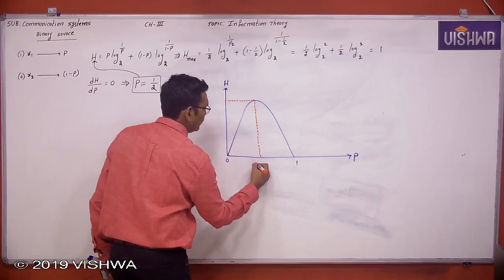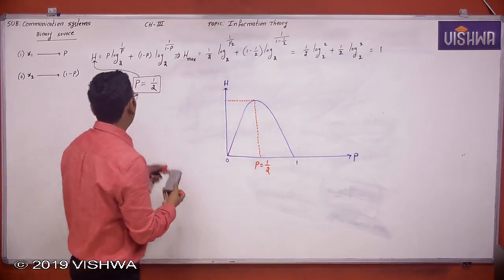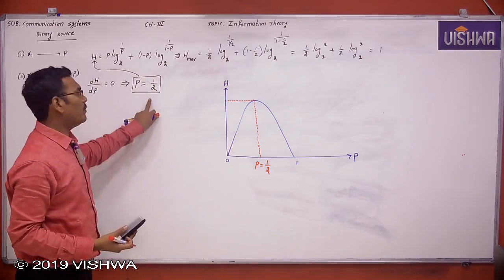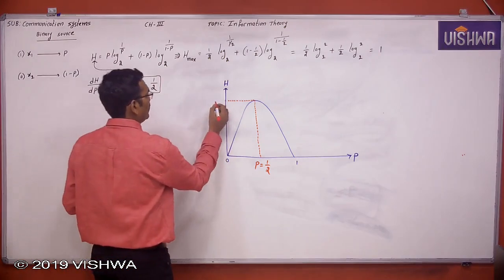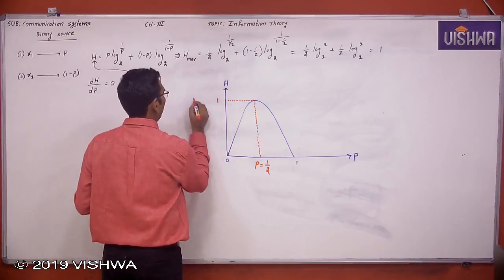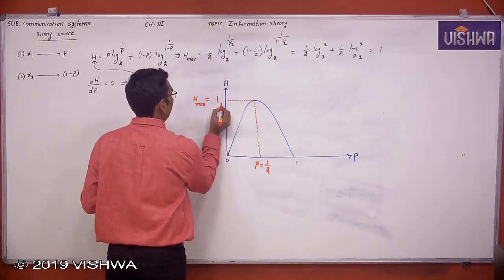When the probability is equal to 1 by 2, that is, when equiprobable, this binary source generates maximum entropy. The binary source which is generating the maximum entropy, H maximum, is equal to 1.